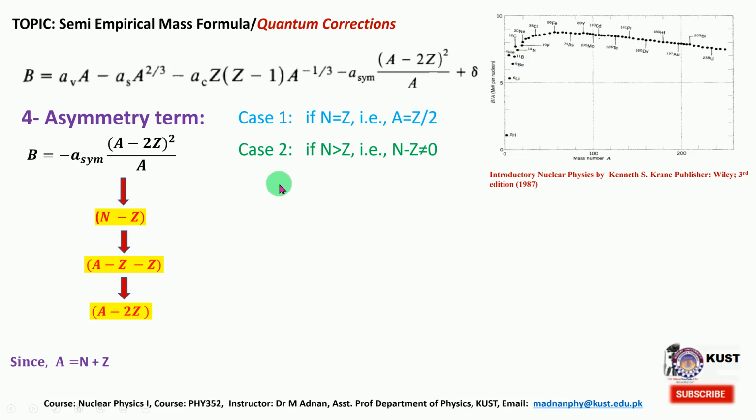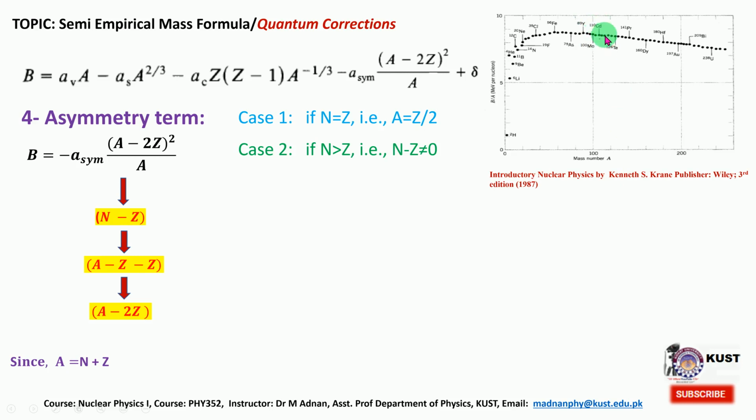We will see this, but once the neutron number is greater than the proton number, the second case, that is the case with the intermediate weight or heavy weight elements. Once the A number is large, that means there are a large number of protons.